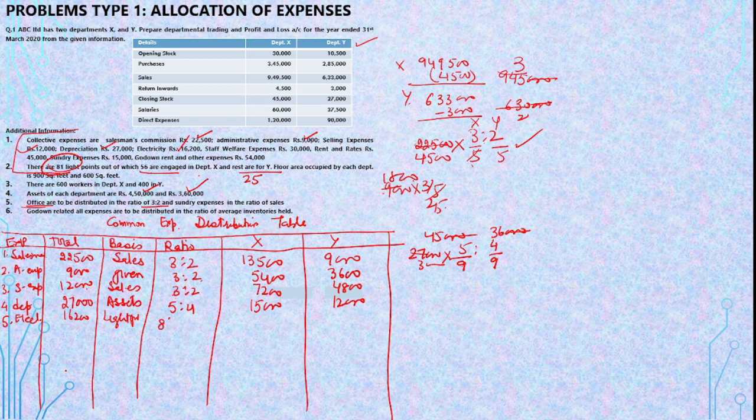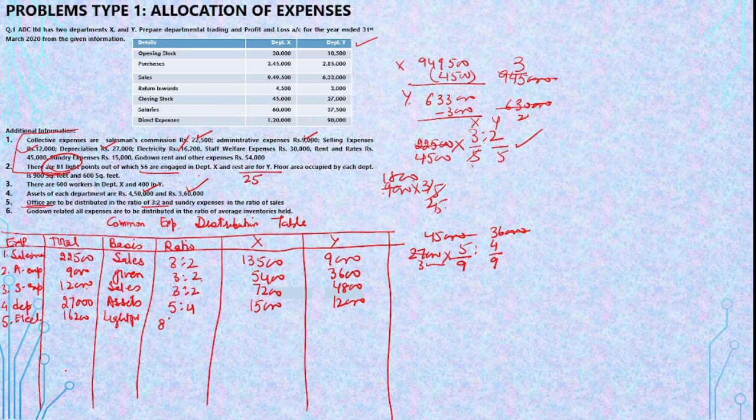Next is staff expenses, staff welfare. It is 30,000. This will be based on number of employees, isn't it? Are you given the number of employees?